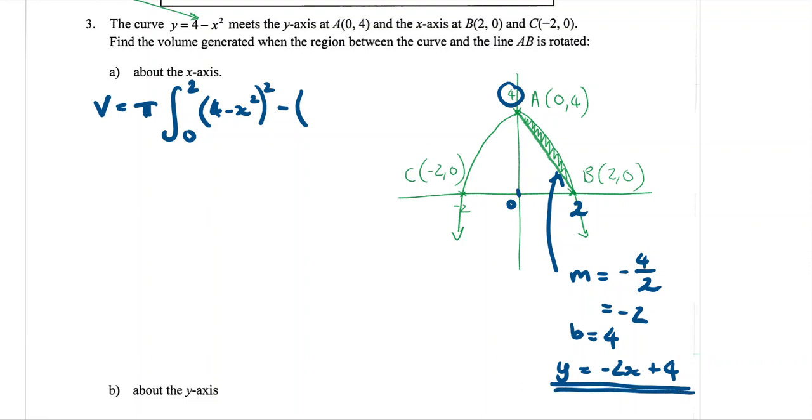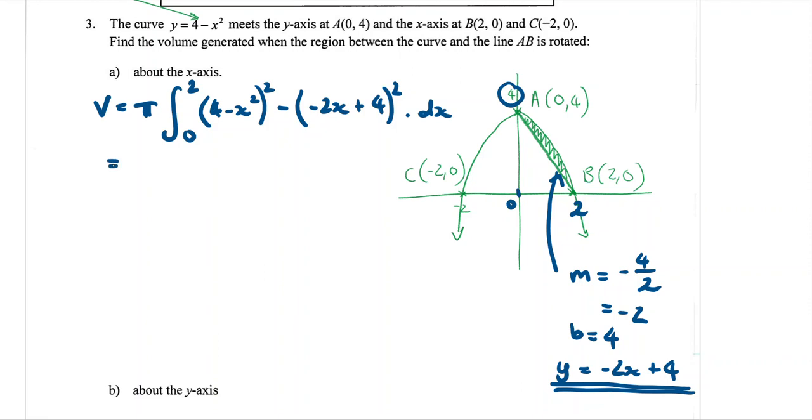Okay, alright, so that's what I need. Subtracting the equation of my line, negative 2x plus 4, and I need to square that, dx. To integrate this, I'm going to try and make it easy for myself by expanding everything out.